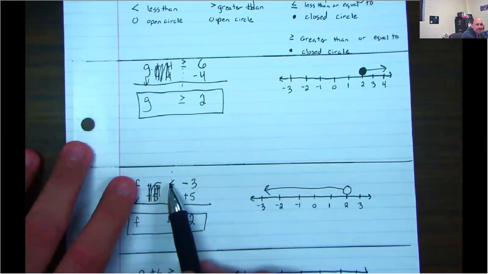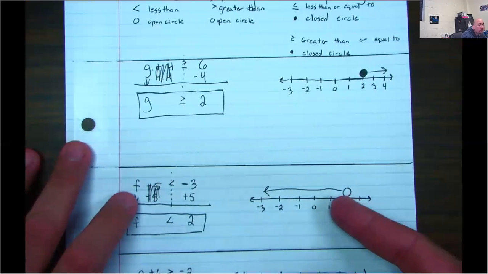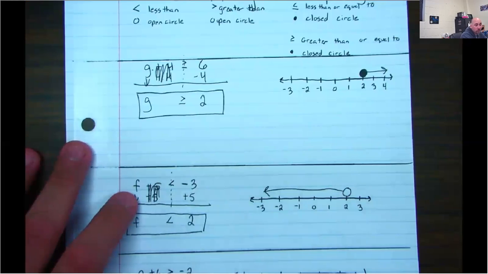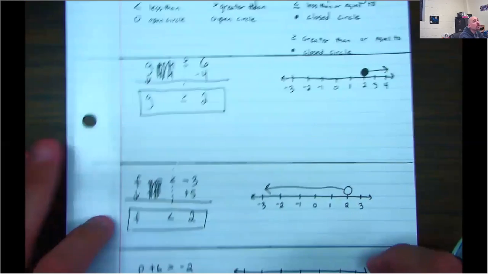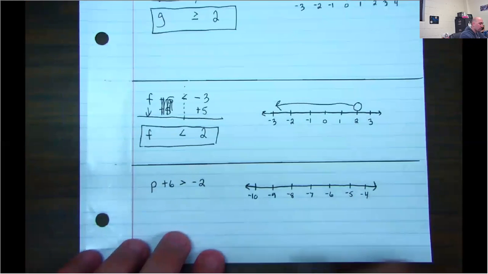Is negative 3 less than negative 3? Well, no, it's equal, so it would not work. That's why it's not a solution. That's why I have an open circle there. So any number smaller than 2 will work.